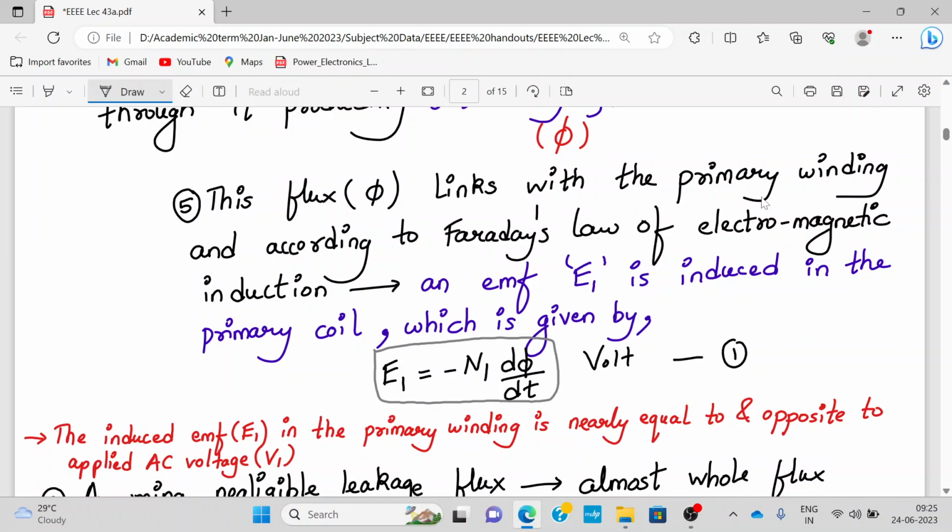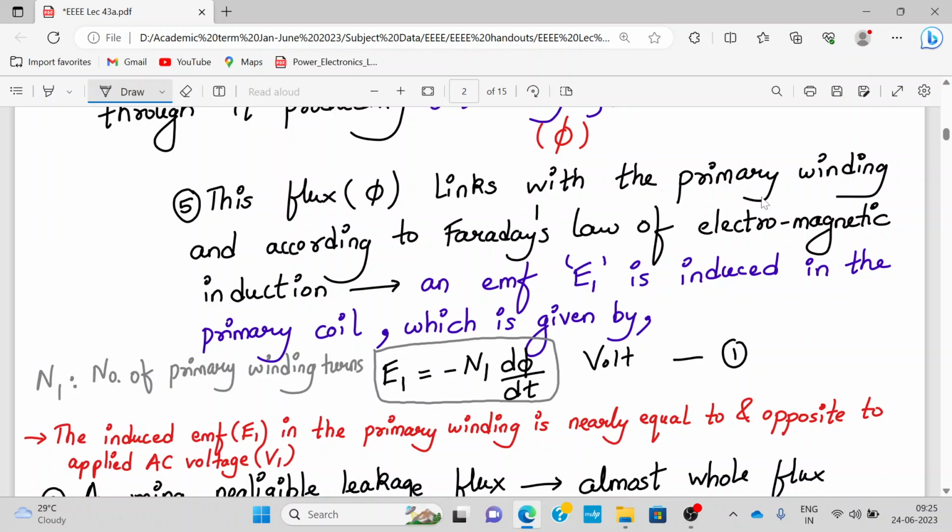So as per Faraday's laws of electromagnetic induction, because of alternating flux linking with the primary winding, EMF E1 is induced in the primary coil, given by this formula, E1 is equal to minus N1 d phi by dt. And what is N1? N1 is the number of primary winding turns.